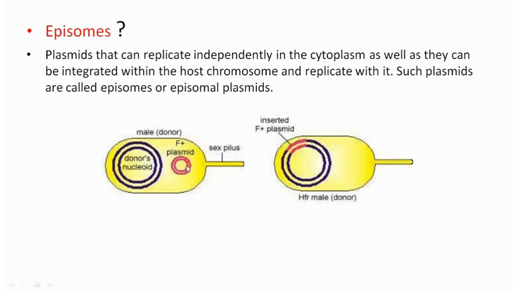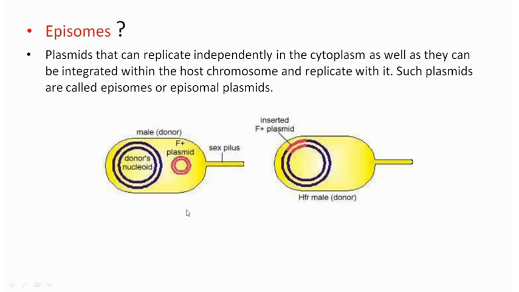These plasmids can integrate within the bacterial chromosome, and they make a strain called an HFR strain, high frequency recombinant strain, because these strains are capable of transferring bacterial genes into the recipient cell. This is the sex pilus. With the help of that, the gene is transferred. Normally, if the plasmid does not integrate within the chromosome, it can be transferred.